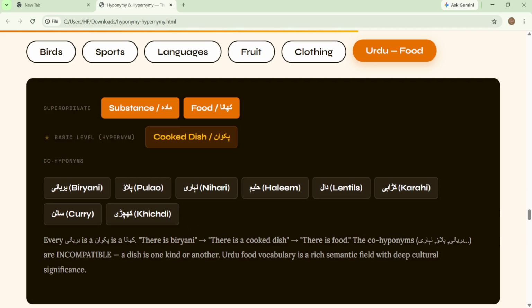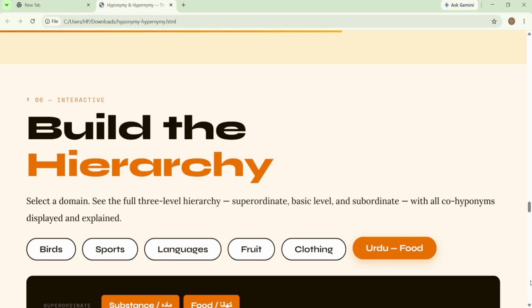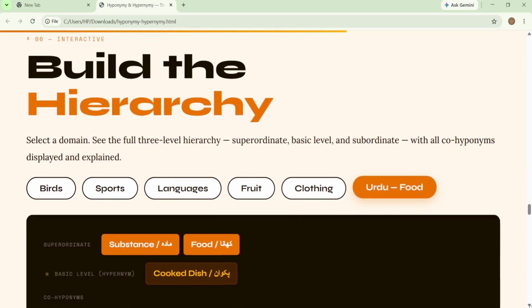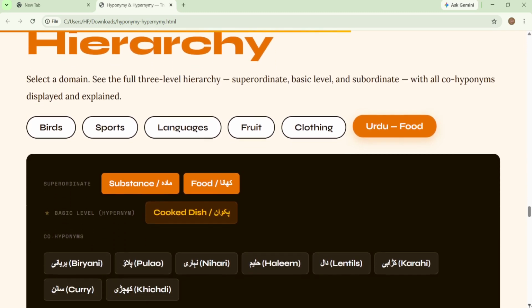So at the hyponymy level, if there is a biryani, this entails there is a cooking dish, which entails there is a food. So this is the hierarchy, starting from superordinate going to subordinate.